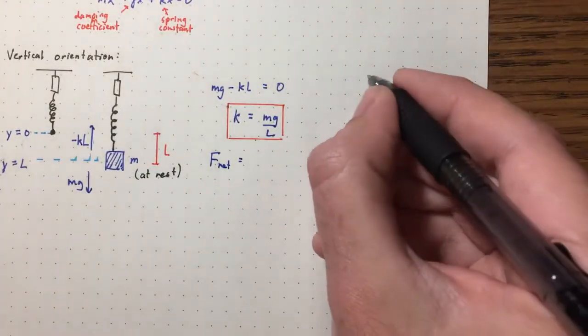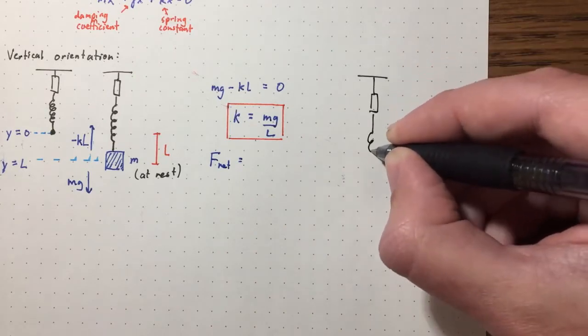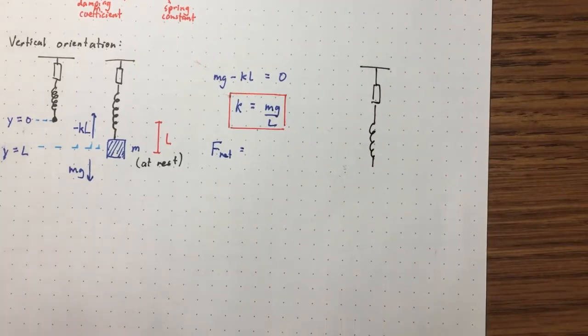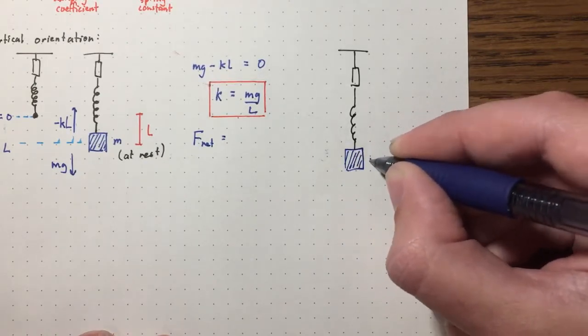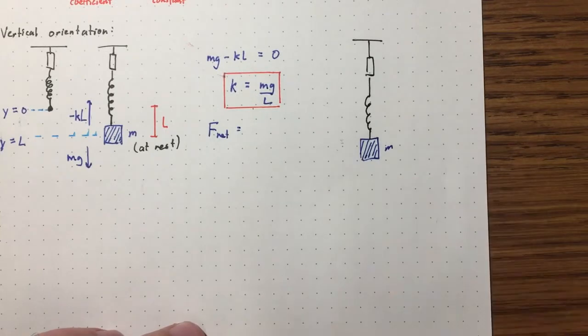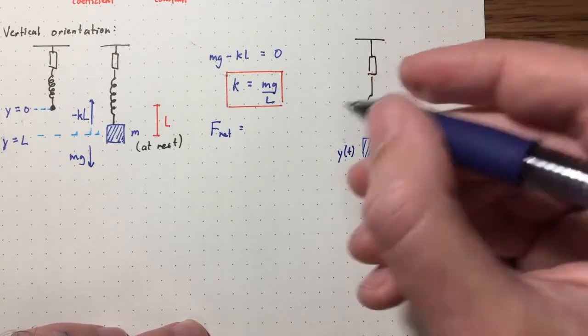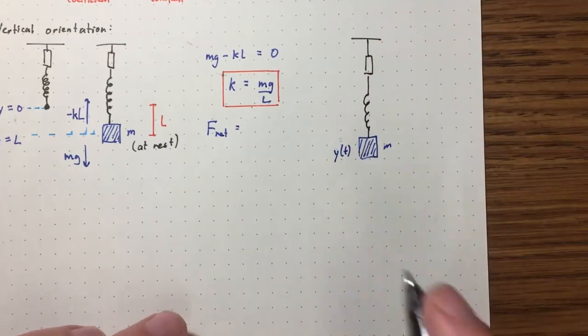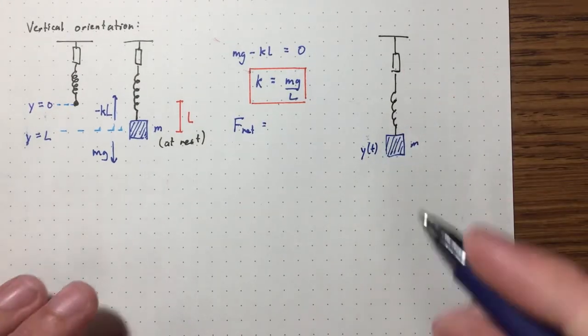Oh, okay, so now we'll assume that maybe this mass is at position Y. Doesn't necessarily have to be at position L, right? So it's now at this position Y, and we want to study this function Y of t. Okay, so the vertical position.